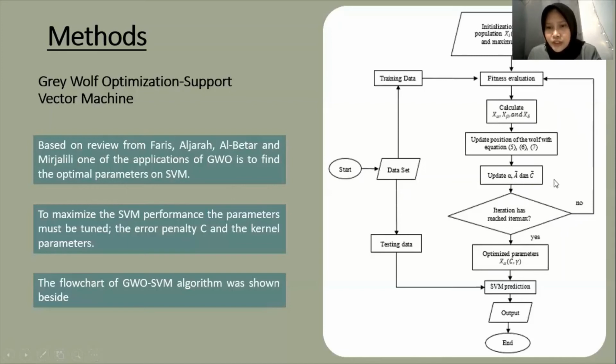If the iteration has reached the maximum iteration, we get the optimized parameters C and gamma. And then with the optimized parameters that we get, we do SVM prediction, and then we get the output. And the algorithm ends.